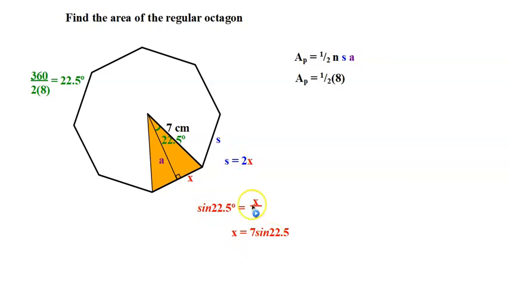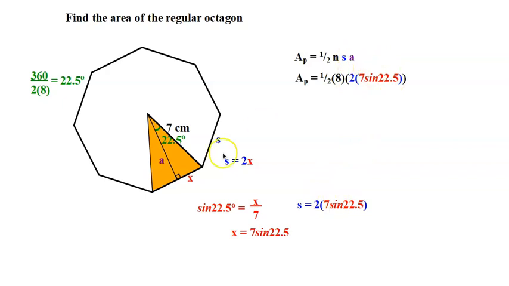Now I want s, so I want 2 times this, and so there we go. There's s, and again, I am going to leave it just like this because I don't want this great long decimal that I'm rounding in the middle of solving my problem. Because when you do that, it throws you off. So there we go. I'm just going to plug all of that in for s.